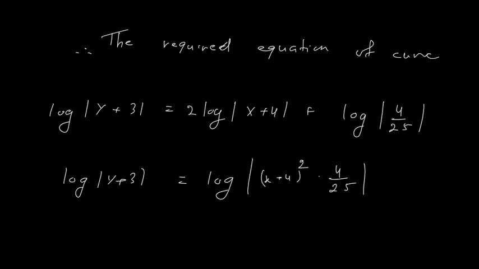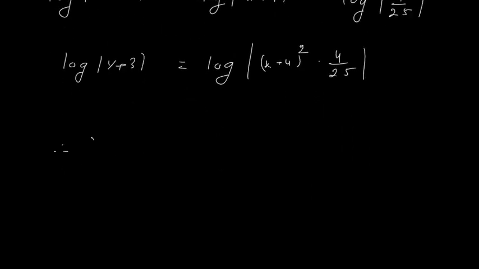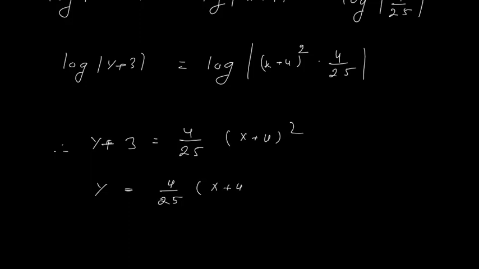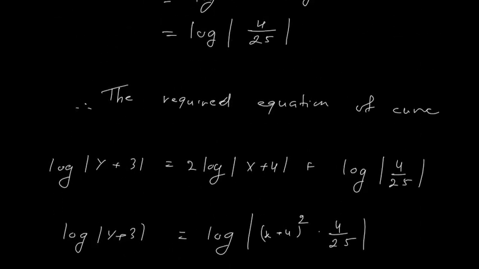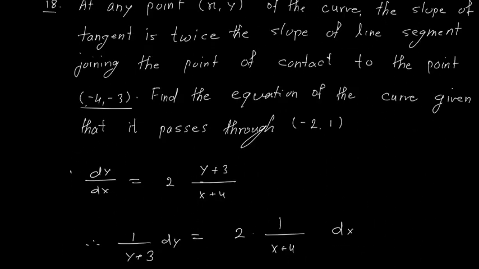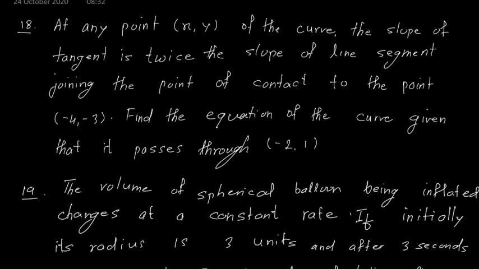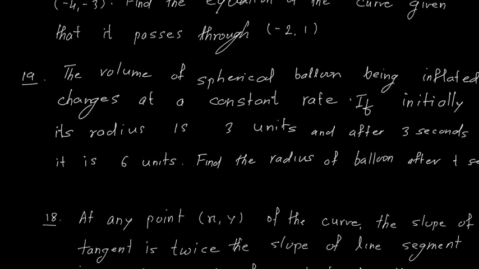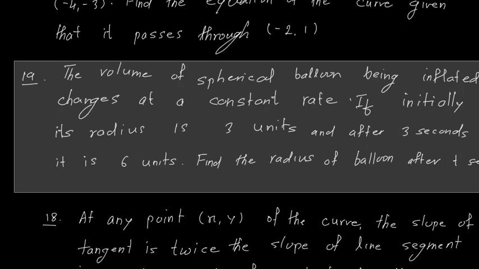So we remove the log. Therefore y + 3 = 4/25 (x + 4) the whole squared, that is, y = 4/25 (x + 4) squared - 3. This is the required equation of the curve. So this is the 18th question. Okay, now let us see the 19th question.